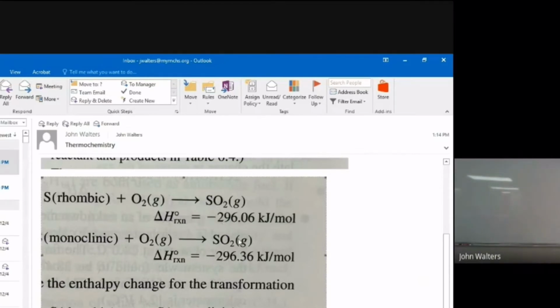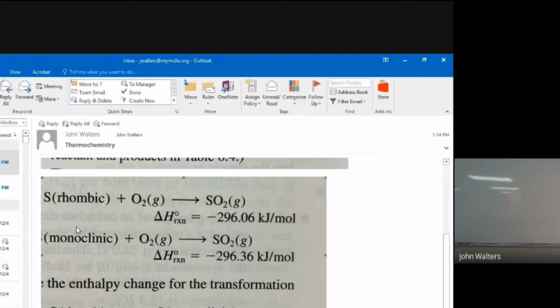Let's flip this around. Let's flip the reaction around. What's going to cancel when we flip this reaction around, making monoclinic on the right side, and oxygen gas is going to be on the right side, and SO2's on the left? Won't SO2s cancel because they're on the left and right of the arrows?